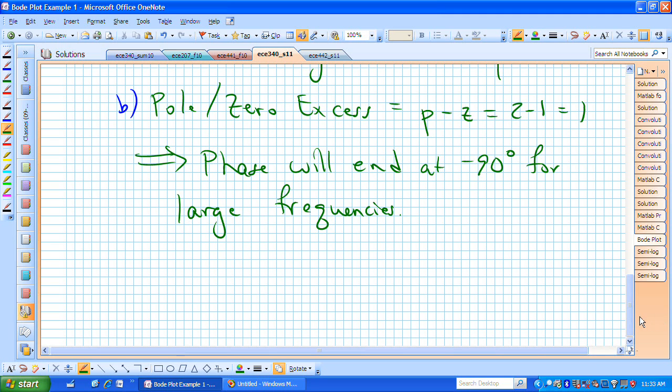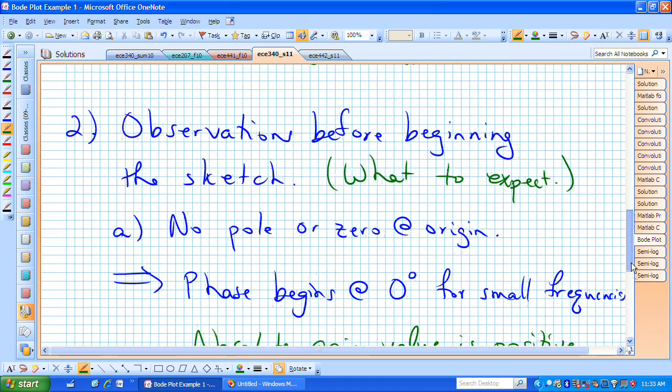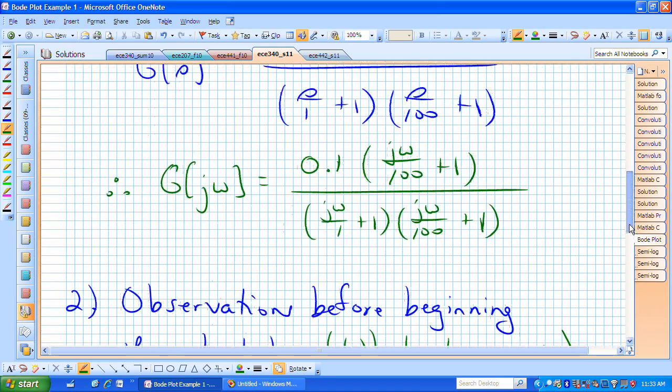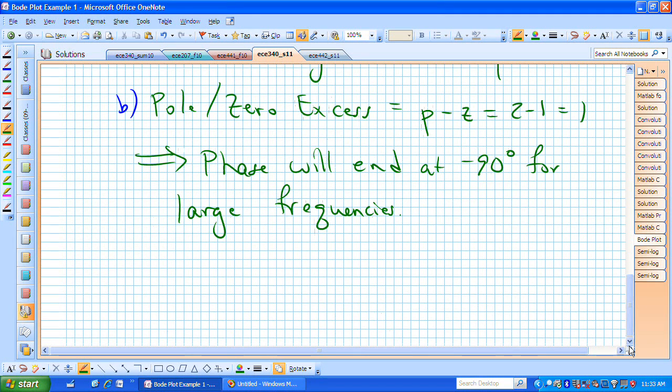We also know, based on the behavior of the Bode plot at large frequencies, if we have one more pole than zero, then we know what our magnitude is going to do at large frequencies. Our magnitude is going to slope like a single pole at high frequencies.